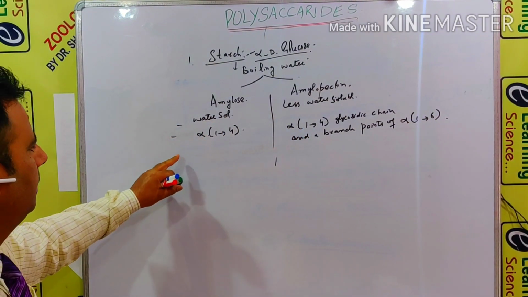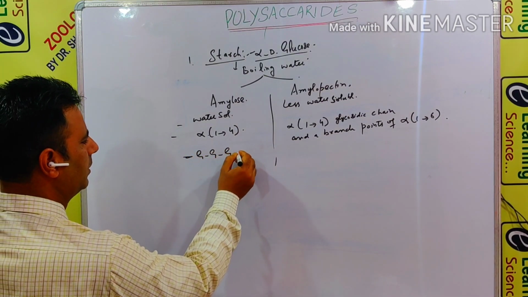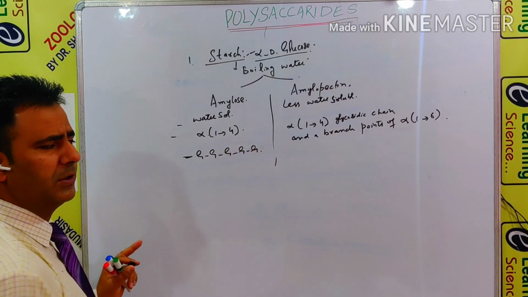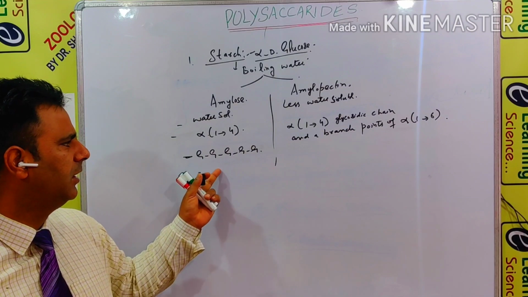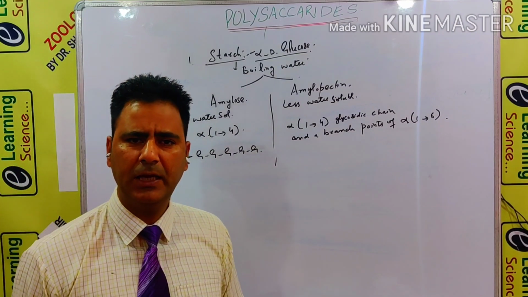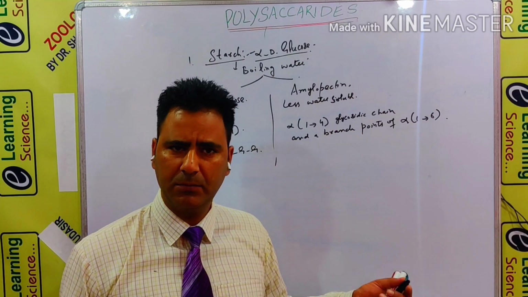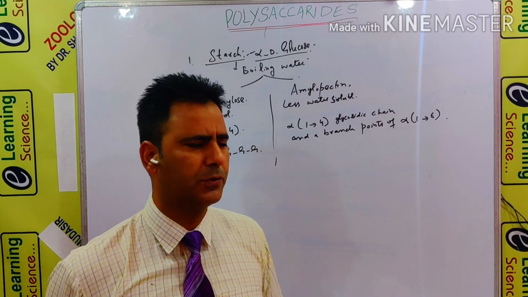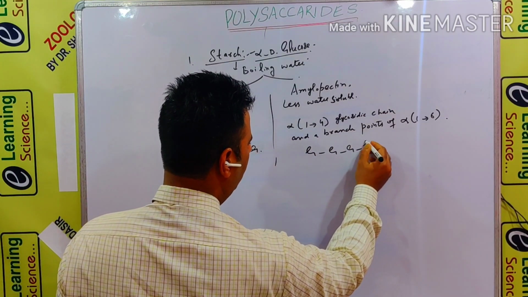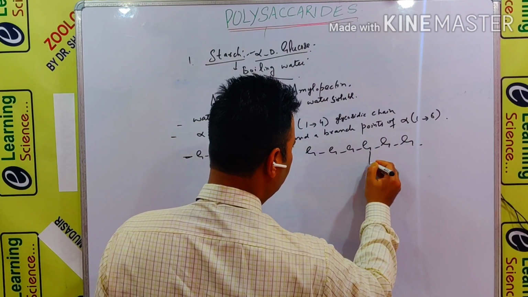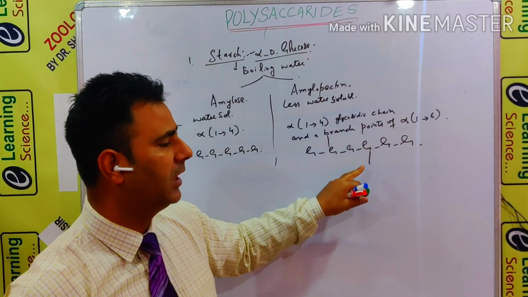It means amylose may be like this: glucose, glucose, glucose, glucose, glucose with alpha 1,4 glycosidic linkage, a linear sequence of monosaccharides, having a structure similar to maltose, just a repetition of maltose. But amylopectin is also made up of glucose, but somewhere we have branches as well.